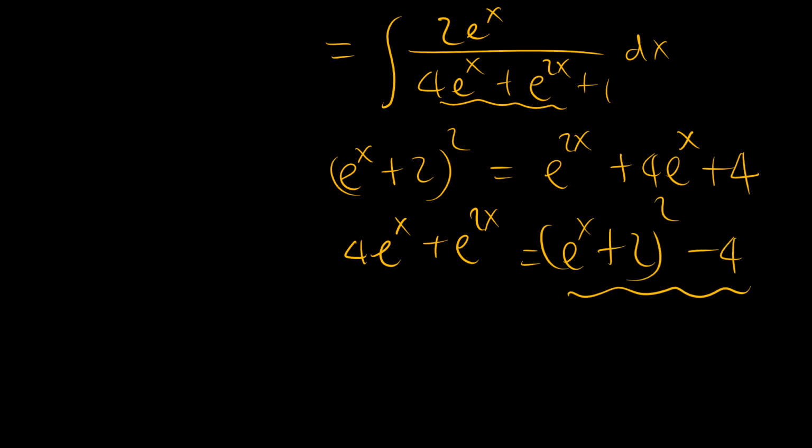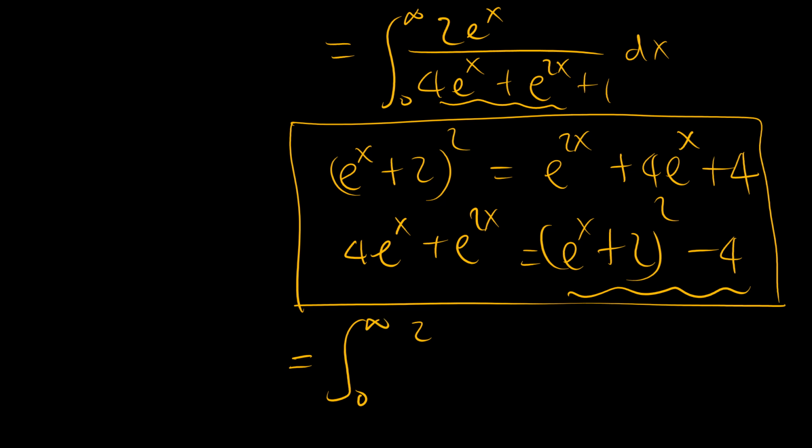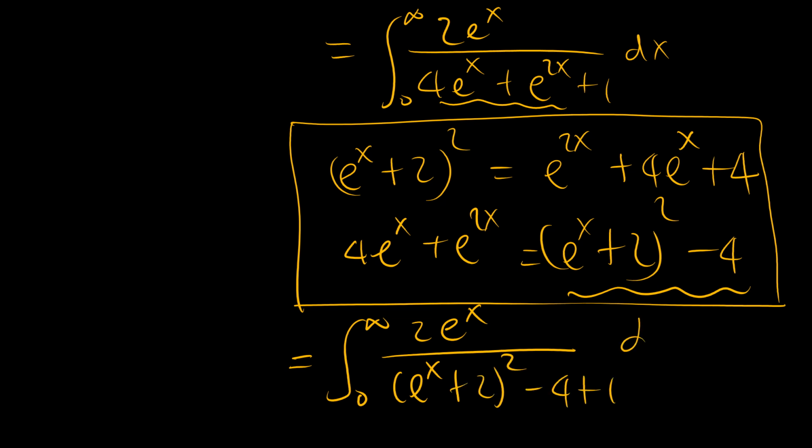So I can pull this part here and just plug that in there. So let me box that, right? So we have the integral from 0 to infinity of e to the power x over (e^x plus 2) squared minus 4 plus 1 dx.